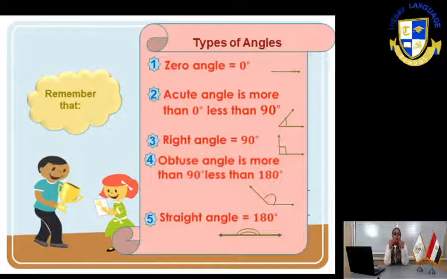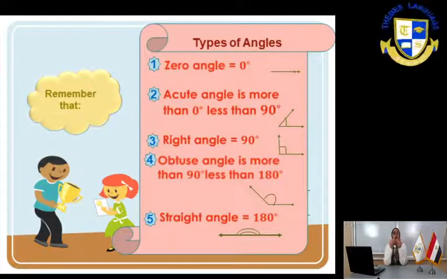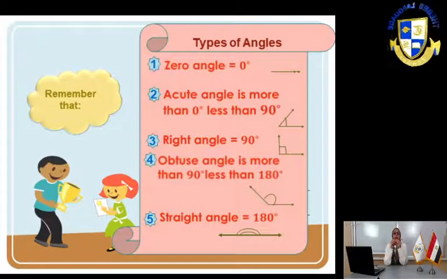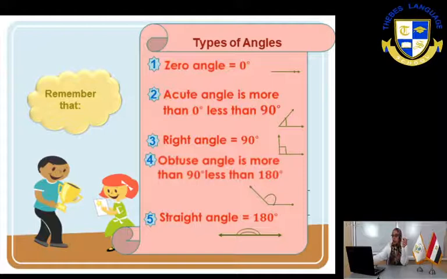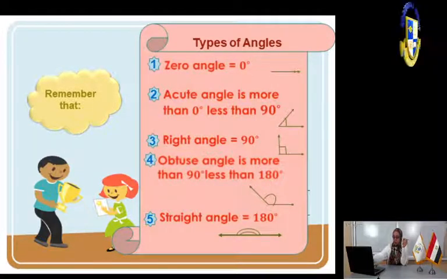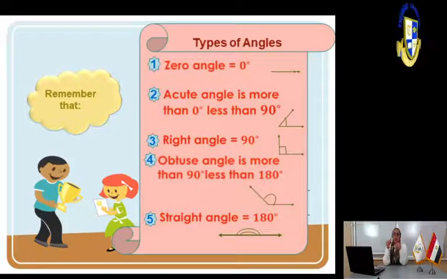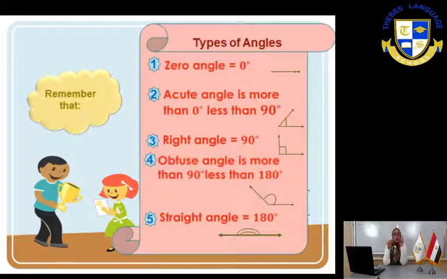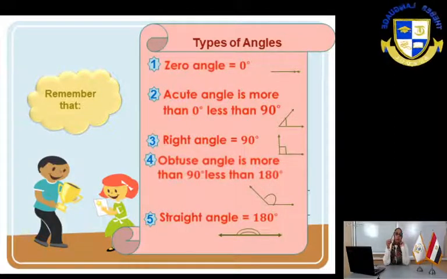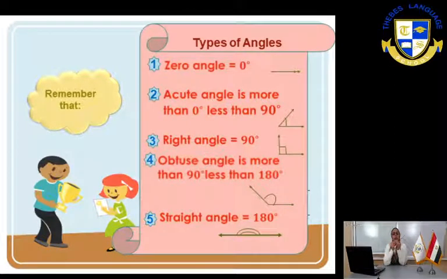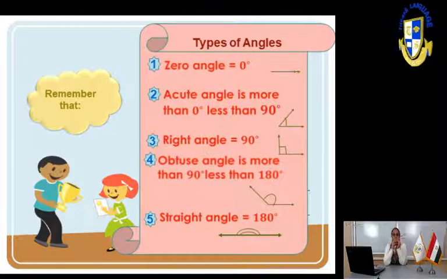If we have two rays, we can make an angle from them. What is the meaning of angle? The angle means the space between two intersecting rays that intersect at their starting point.